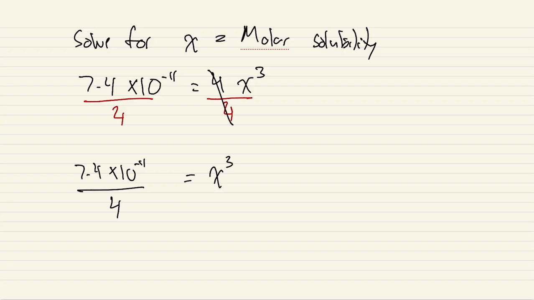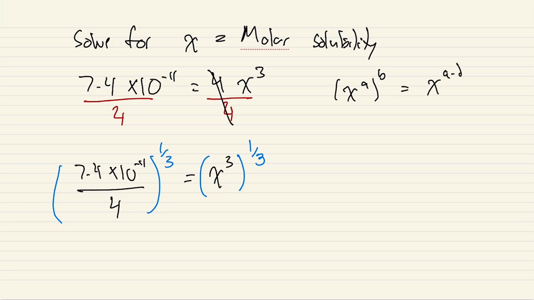We cube root it, yeah. It's called a cube root, which is the same thing as just raising both sides to the 1/3 power. In your calculator, you can just put 1/3. Usually calculators have a cube root button, but if it was to the power of 4 or something like that, you would have to change that. Because with exponents, x to the a to the b equals x to the a times b.